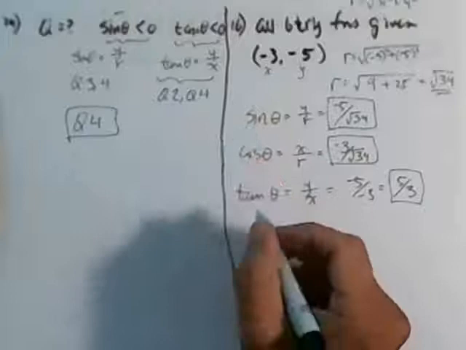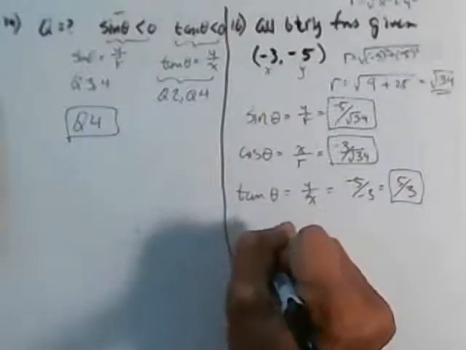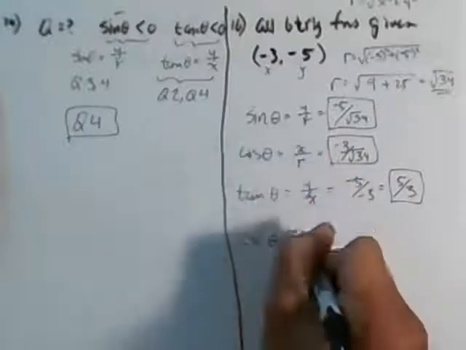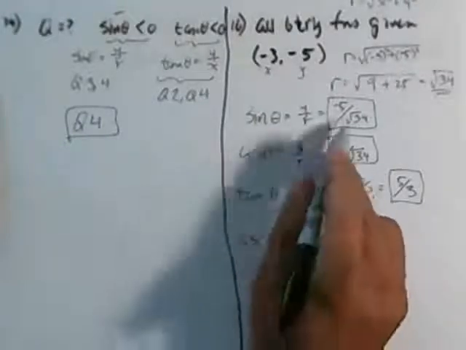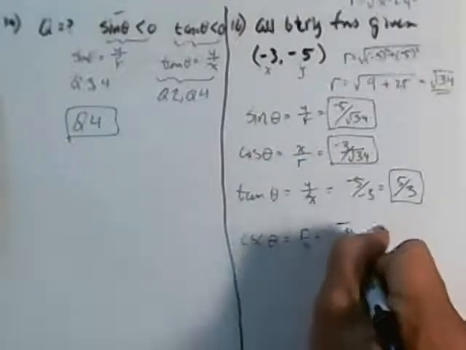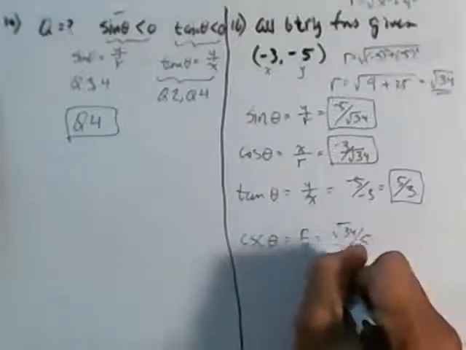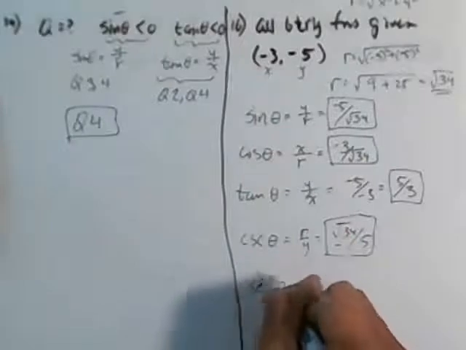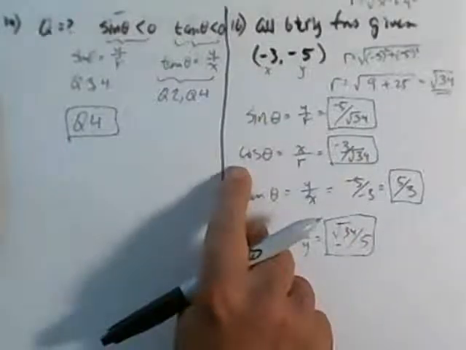The reciprocal of the sine function is the cosecant function. Instead of y over r, it's the reciprocal, r over y. Just flip this around: root 34 over 5, negative in front. And the secant of the angle is the reciprocal of the cosine.